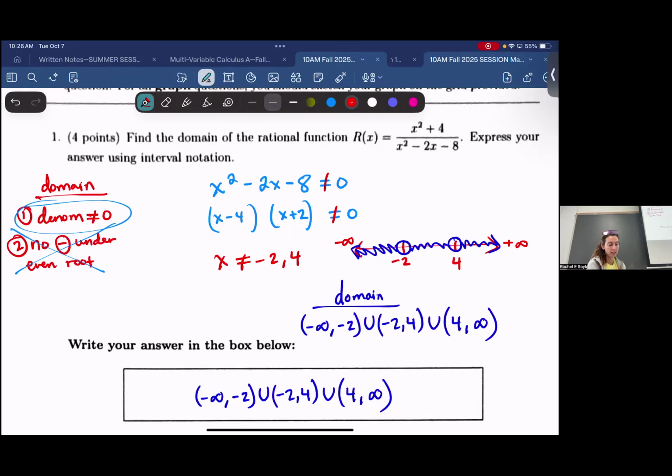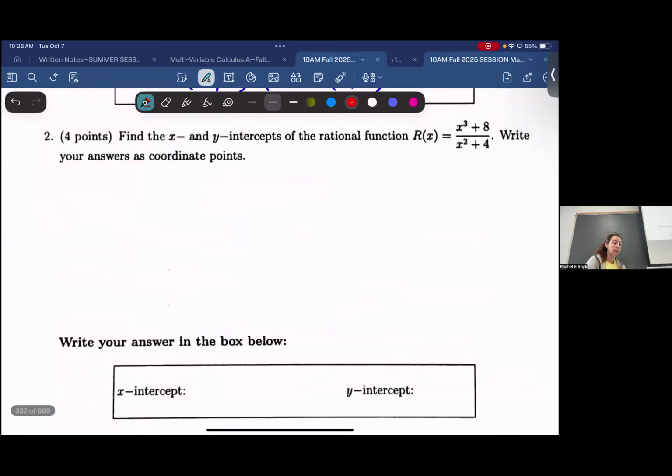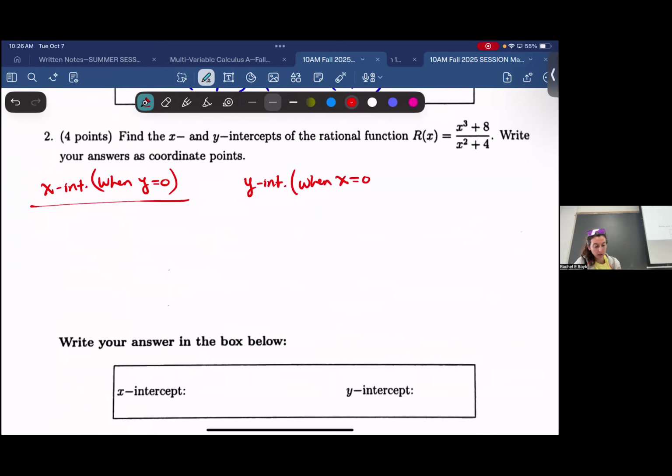Okay, let's move on to question 2, where we're asked to find the x and y intercepts. Definition of x-intercept is when y is equal to? 0. Good. Definition of y-intercept is when? x equals 0. Yep. Let's do y-intercept first. Usually that's the easier one.